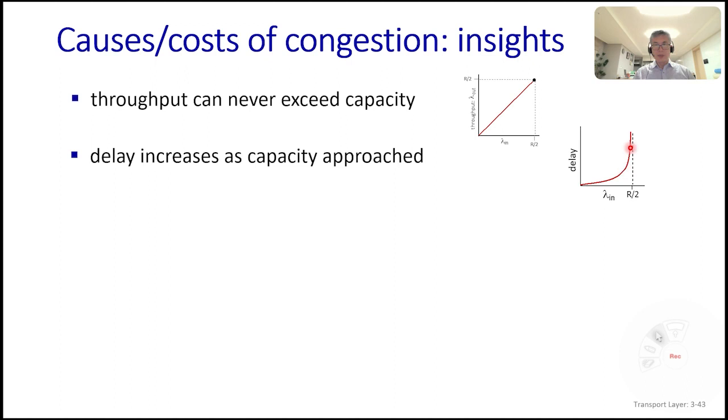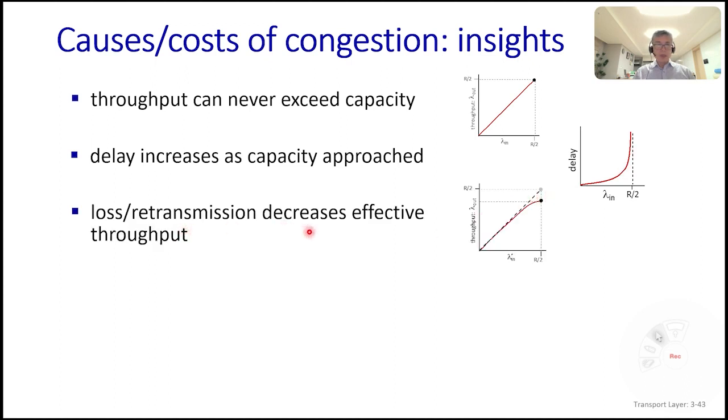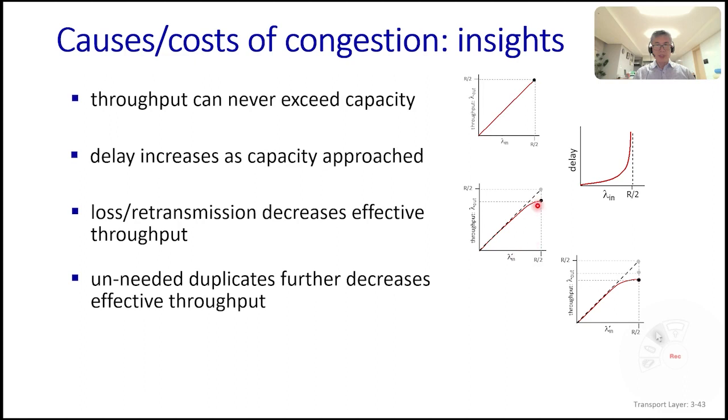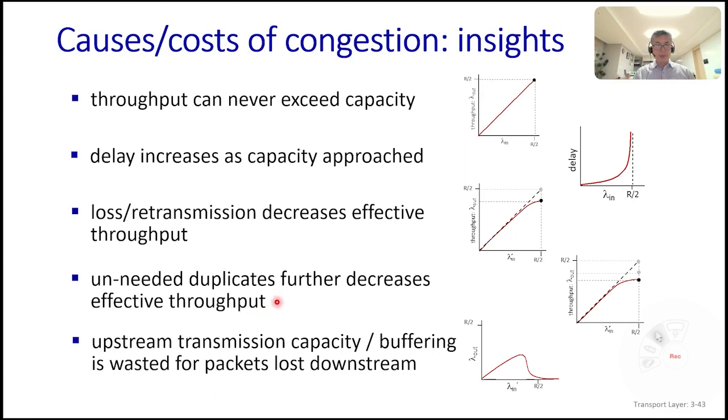Loss and retransmission decrease effective throughput, and unneeded duplicates further decrease it.